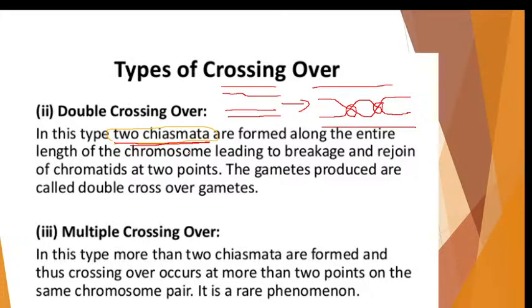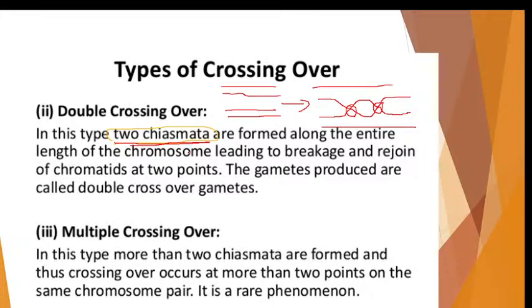And in double crossing over, the distance between the two linked genes is relatively more, so two chiasmata will be formed simultaneously between them. This double crossing over is of different types, based on the chromosomes or strands which are involved: two-stranded, three-stranded, and four-stranded double crossing over.